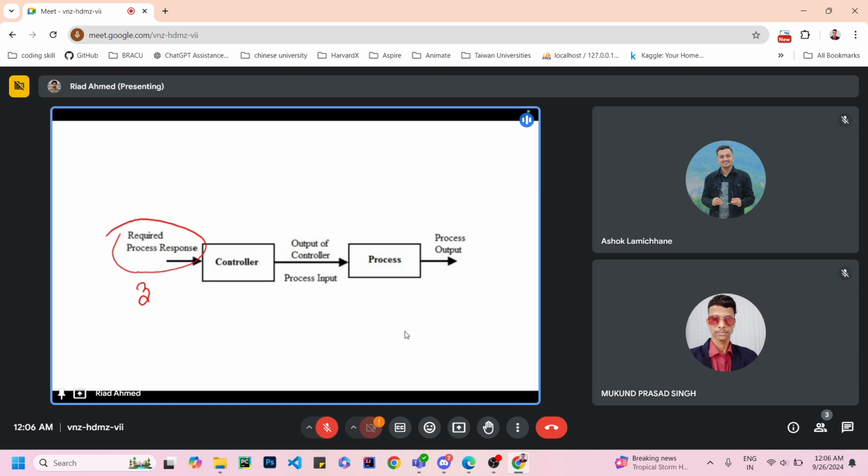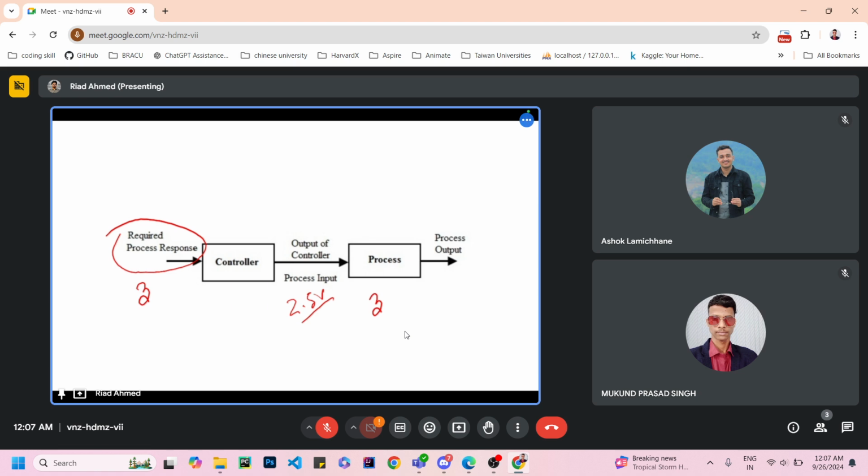Let's say the controller generated 2.5 volts, and maybe this 2.5 volts is enough for generating 3 radian per second for the rotation of the motor. So this is the whole diagram of a control system.